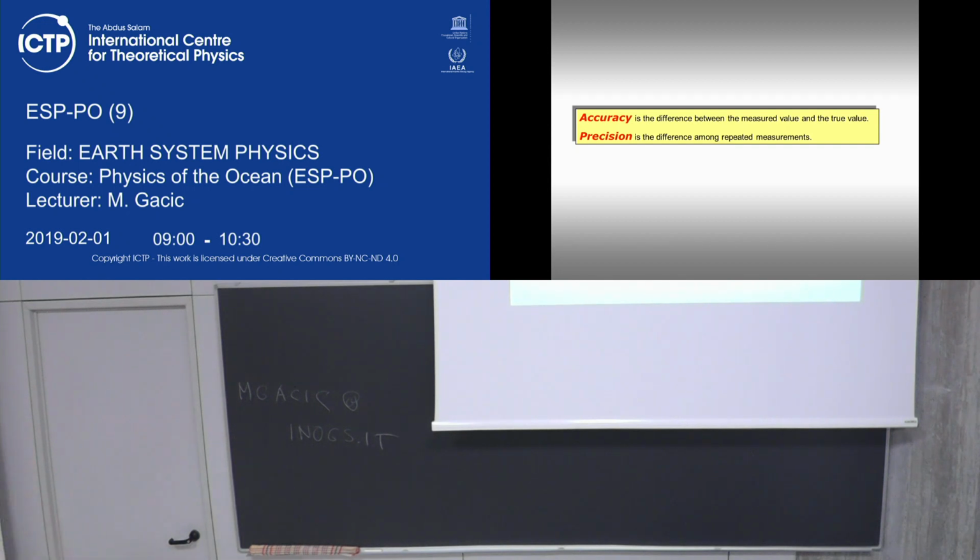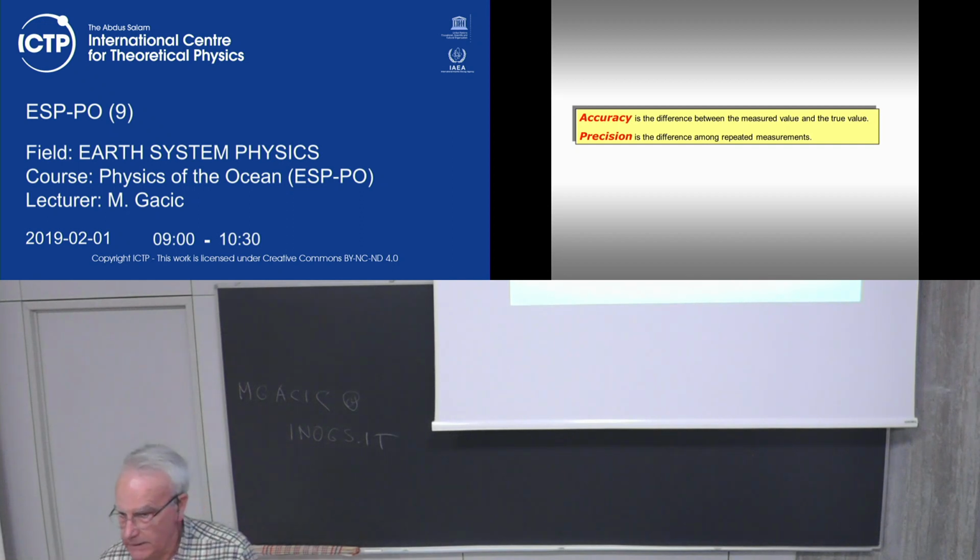The other thing is the accuracy and precision of our instruments. Accuracy is the difference between the measured value and the true value, and precision is the difference among repeated measurements. These two criteria have to be satisfied in order to do our measurements.